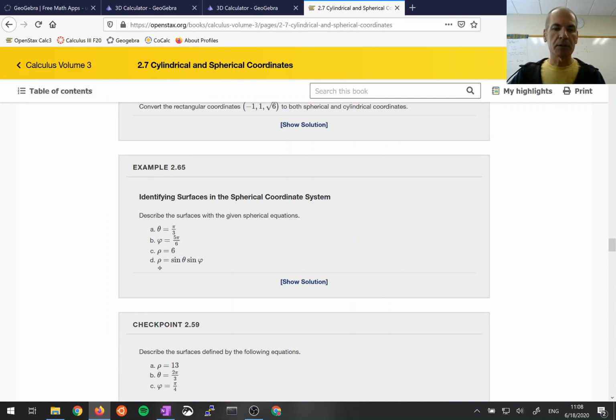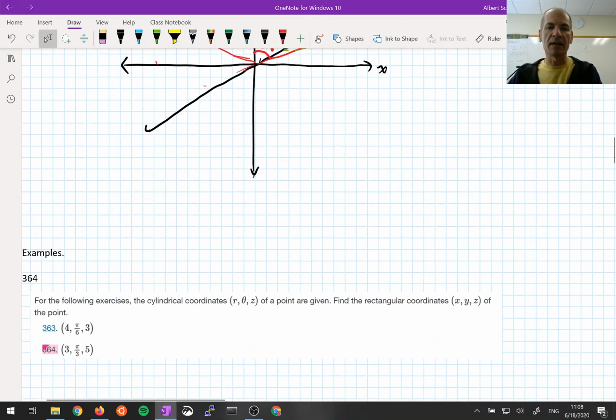Other surfaces are a little bit more challenging. Let's talk about rho equals 6. So this is the collection of points that are a distance 6 from the origin. Well, what is that going to be?